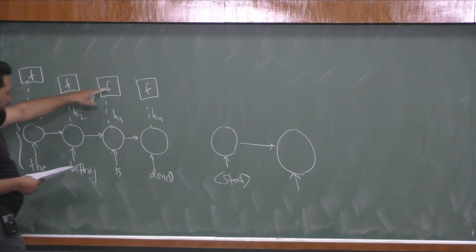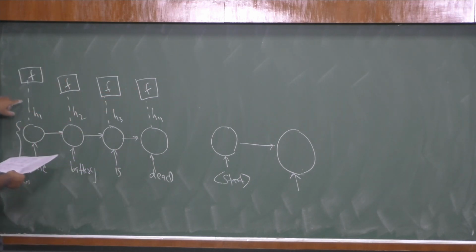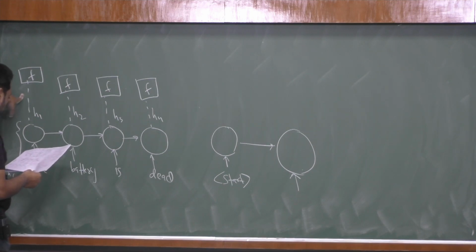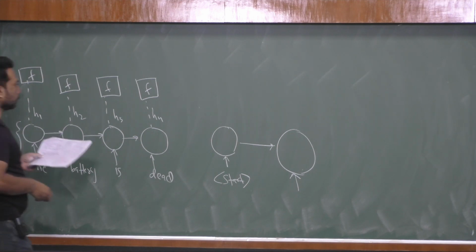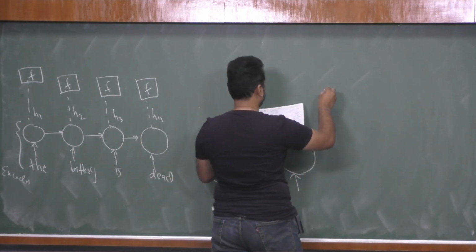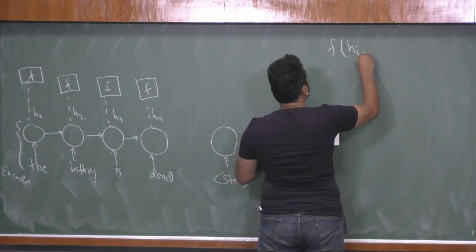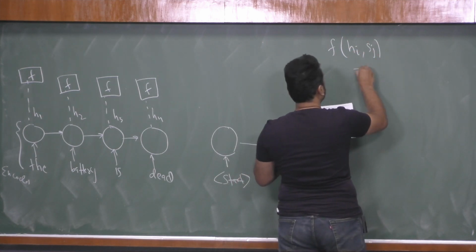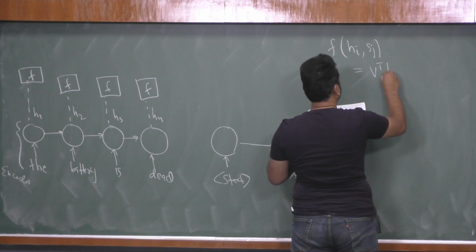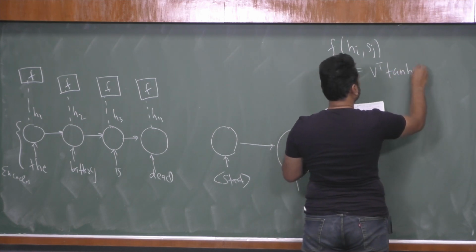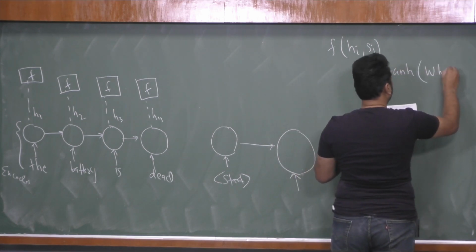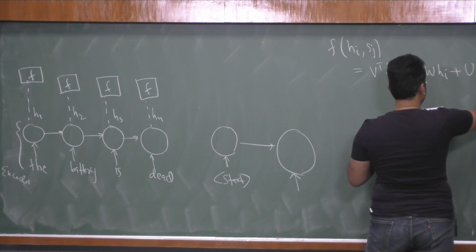We have these f functions defined here, and I will define this f function here. F of hi, sj is v transpose tanh of (W hi plus U sj).